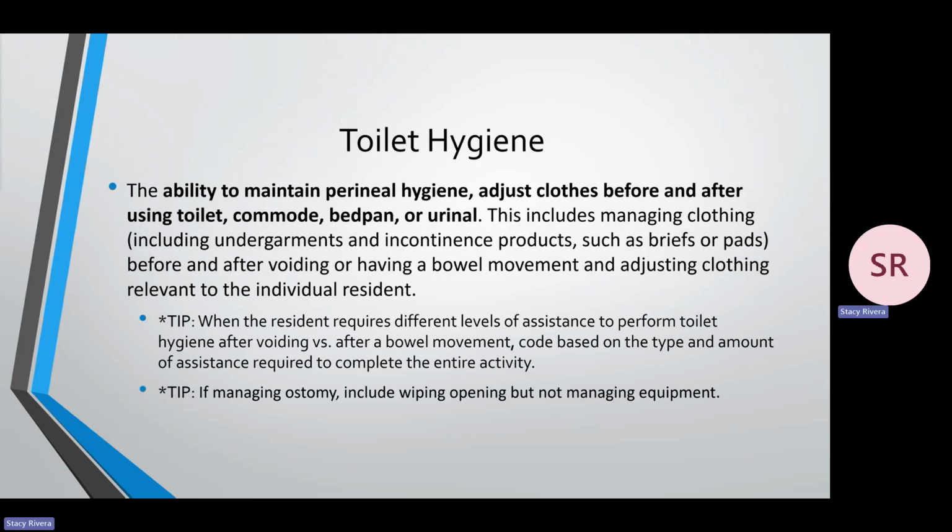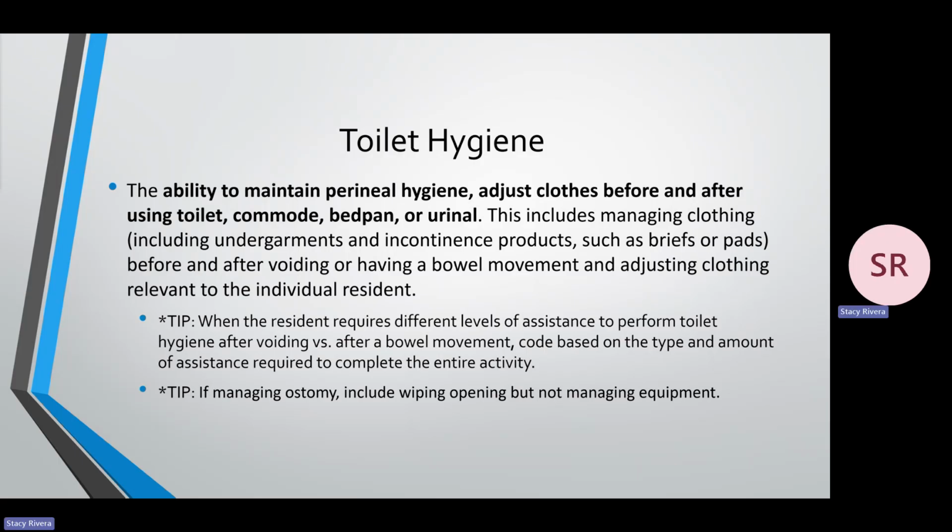Toilet hygiene, the ability to maintain perineal hygiene, adjust the clothes before and after using toilet, commode, bedpan, or urinal. This includes managing clothing, including undergarments and incontinence products such as briefs or pads, before and after voiding or having a bowel movement, and adjusting clothing relevant to the individual resident.